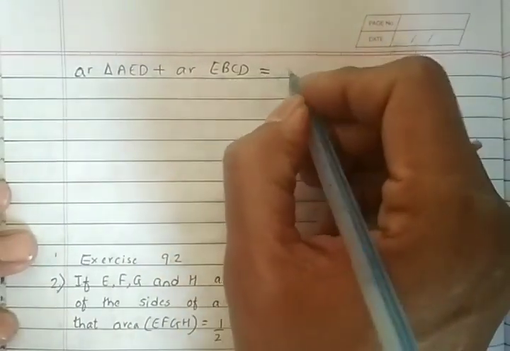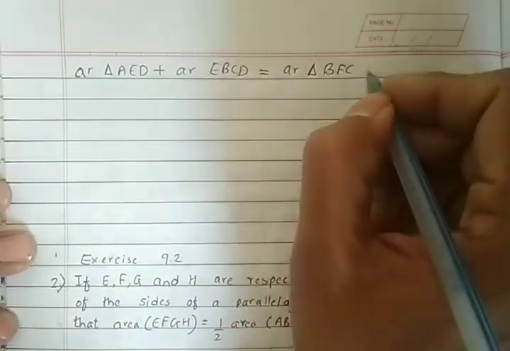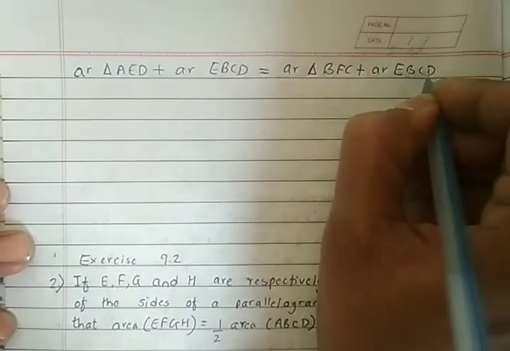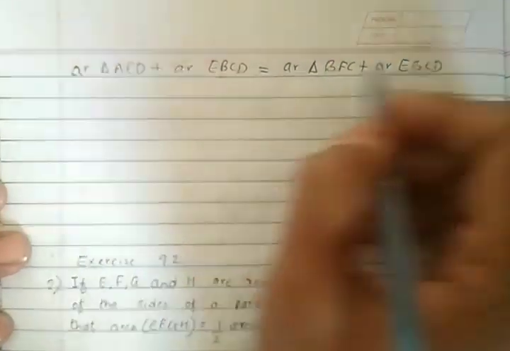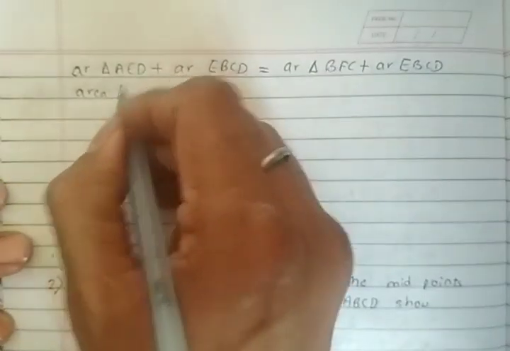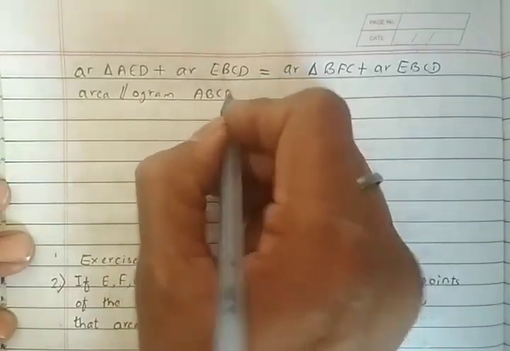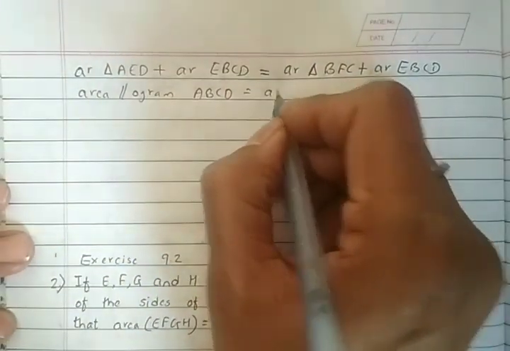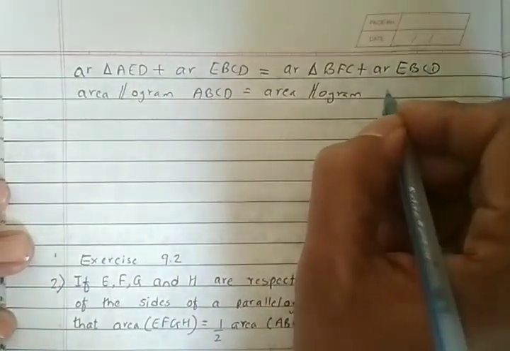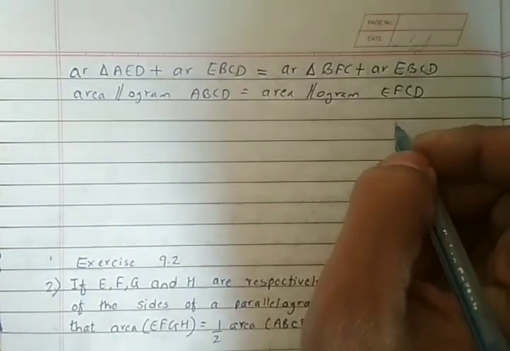It will be equal to area of triangle BFC plus area of EBCD. We are adding parallelogram EBCD both sides. So this will become area of parallelogram ABCD equal to area of parallelogram EFCD. Thus we have proved.